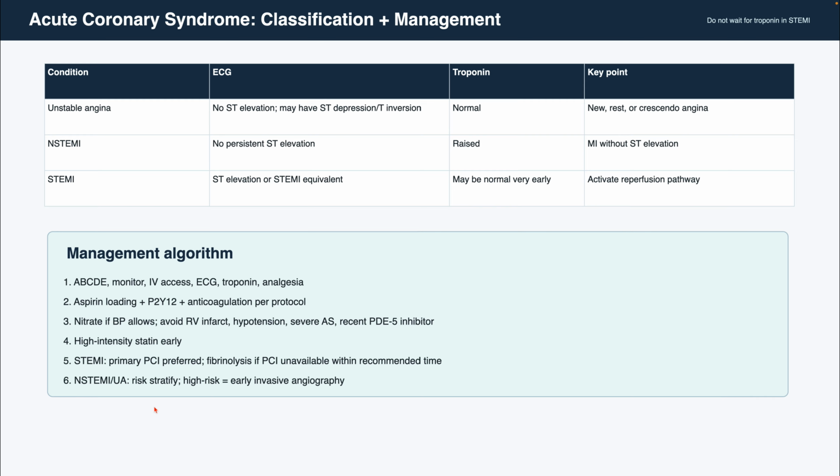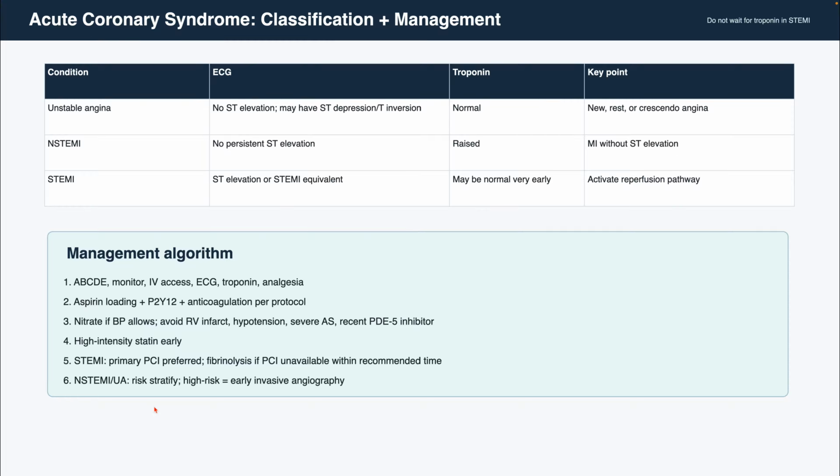So ABCD first and all those emergency management, and then you go for aspirin, clopidogrel, and anticoagulation per protocol. Nitrate if blood pressure allows. Okay, so avoid in RV infarcts, hypotension, severe AS, recent PDE inhibitor use. If it is a right side MI, we give the fluid, because the fluid is not reaching to the left side, so we need to give fluids.